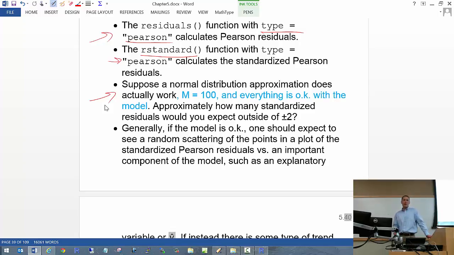I put this here on purpose because if you know the standard normal distribution, the probability that you're within plus or minus 2 is about 95%. So there's about 5% that's okay to be outside. Just realize that being outside doesn't mean that's something to worry about.